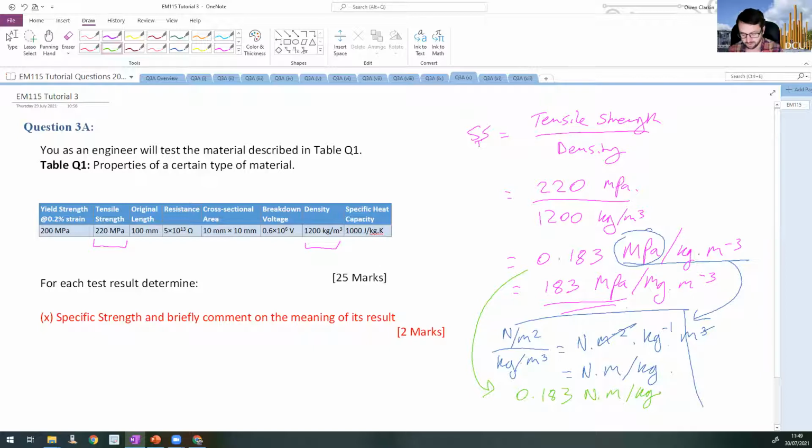And if we want to make that a little bit simpler, we could say 183 kilonewtons per meter per kilogram. Okay, and that's how you'll usually see it presented in the literature. But essentially, these units and these units are equal.